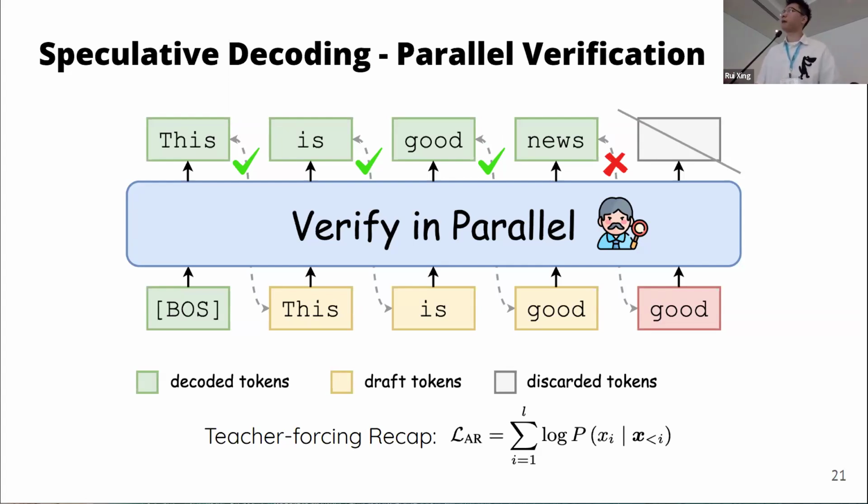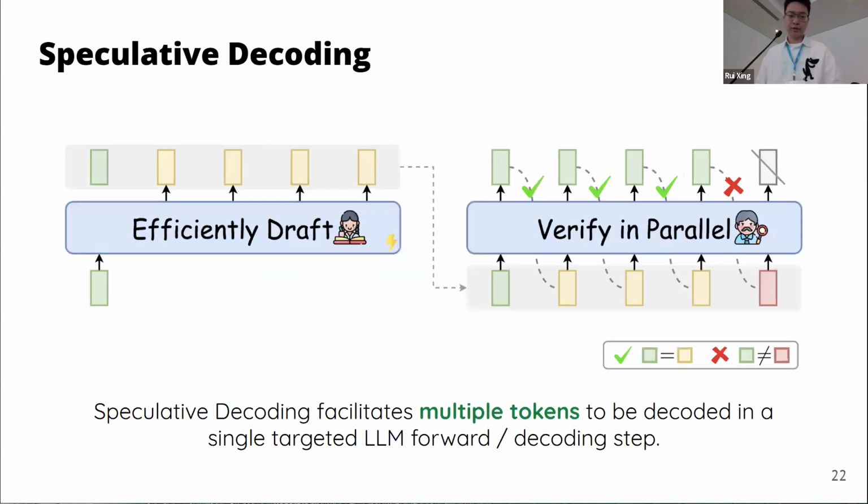It means that during the draft process, the draft model guesses correctly on the future 3 decoding steps of the target large language model. And on the first token, it fails. And the large language model corrects its token, and all this process is conducted in parallel. Okay, so speculative decoding facilitates multiple tokens to be decoded in a single target large language model forward or decoding step.